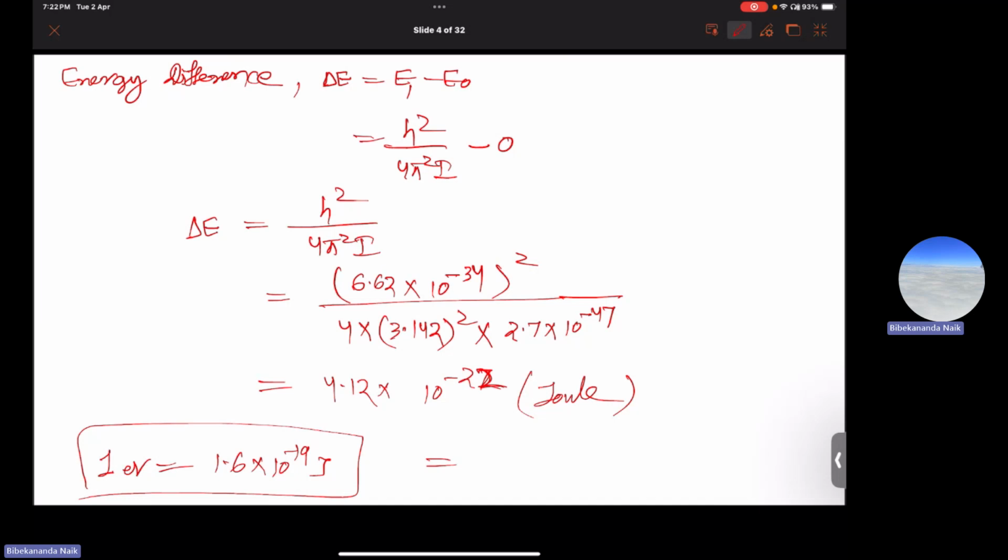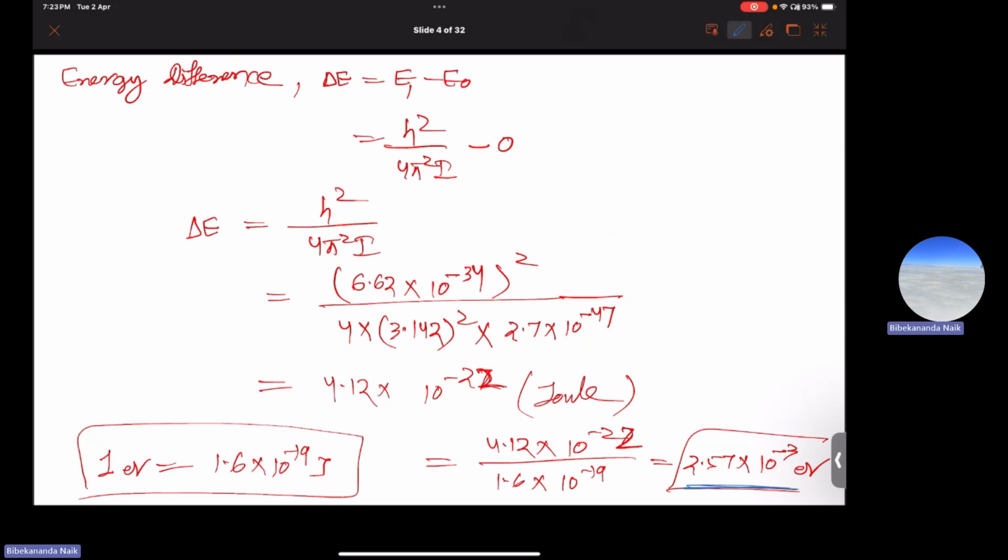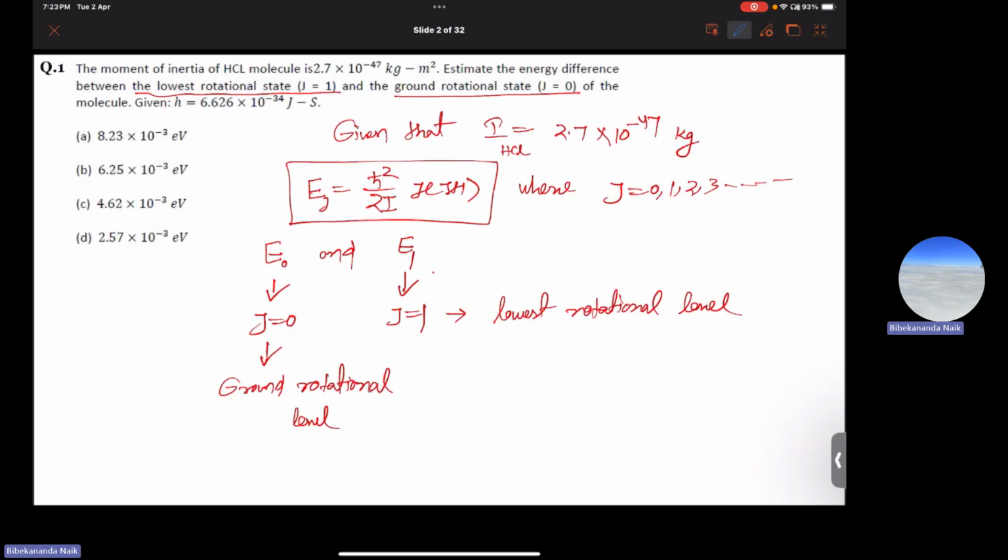So if we divide 4.12 into 10 to the power minus 22 by 1.6 into 10 to the power minus 19, it will give you 2.57 into 10 to the power minus 3 electron volt. So this is the correct answer, and if you see the options, option D will be correct, 2.57 into 10 to the power minus 3 electron volt.